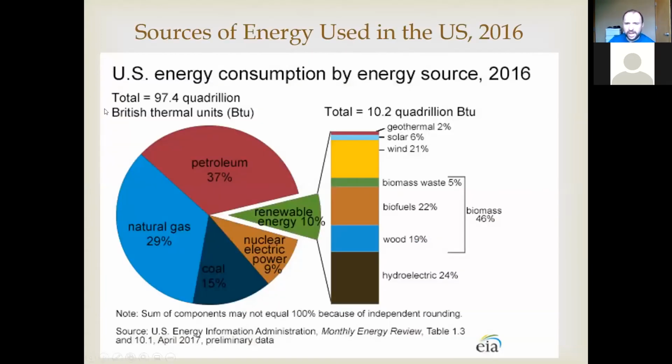Just to give you a quick idea, this is the breakdown as it existed in 2016, so 4 years old, but pretty recent in terms of United States energy consumption, right?